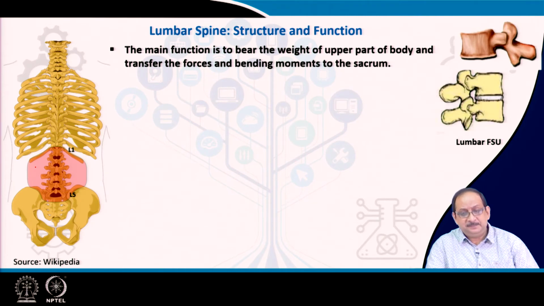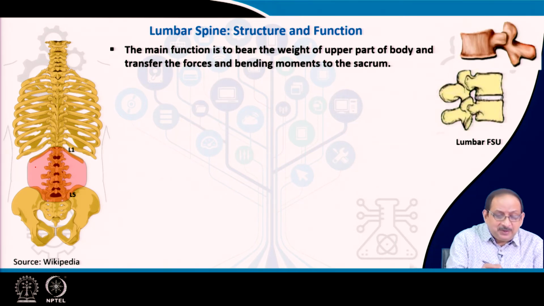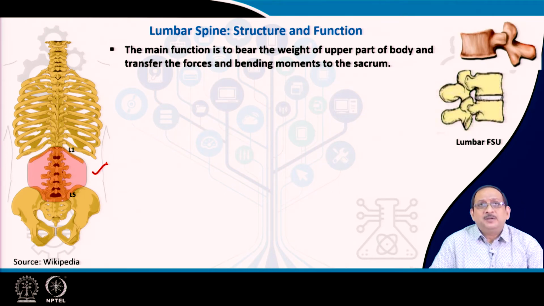Now, let us come to the lumbar spine. As you can see, it is located in the lower part of the vertebral column, and the main function of the lumbar spine is to bear the weight of the upper part of the body and transfer the forces and bending moments to the sacrum.